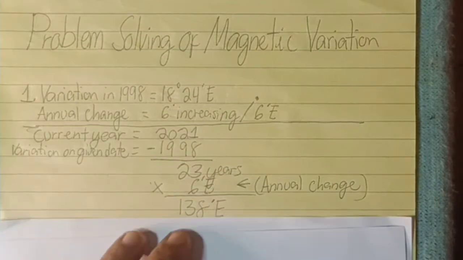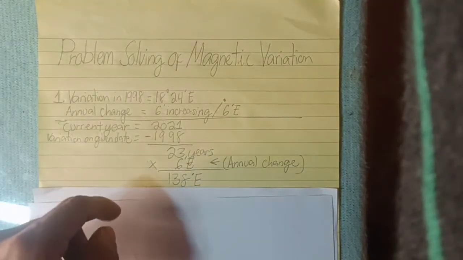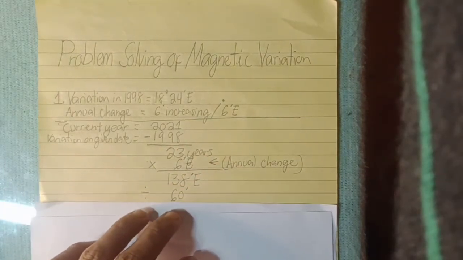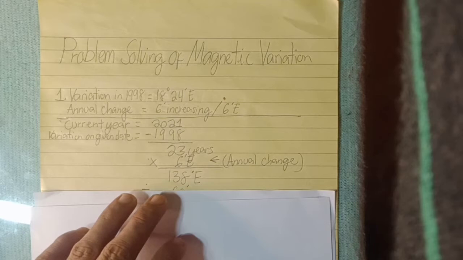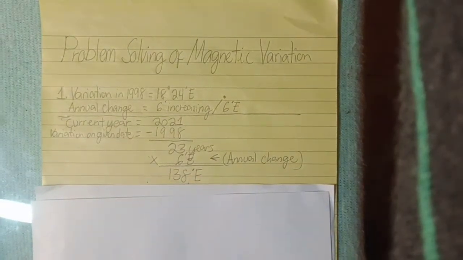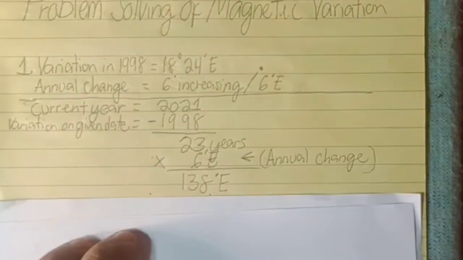Remember, after multiplying by the annual change, if you get 60 minutes or higher, you have to divide it by 60 minutes. So 138 minutes east divided by 60 is equal to 2 degrees 18 minutes east.